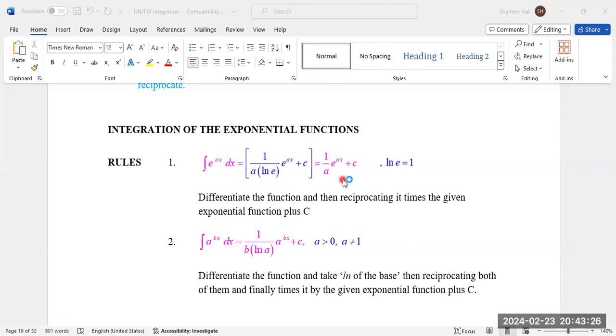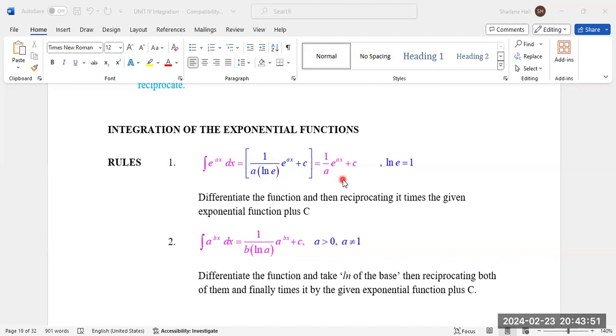I'm going to get 1 over a, and then I'm going to write it by the exponential function, e to the ax plus c. Does that make sense? Yeah, man, it's just a rule. It's just how the rule runs.